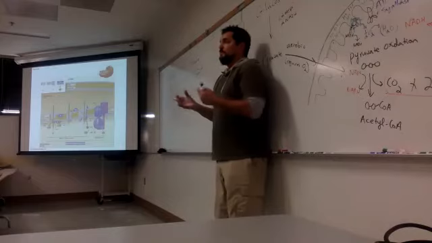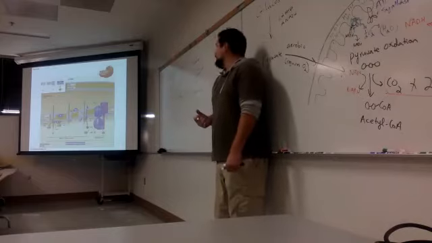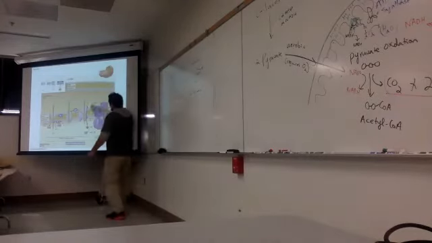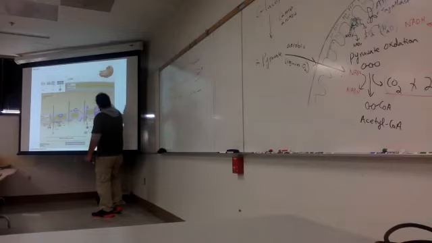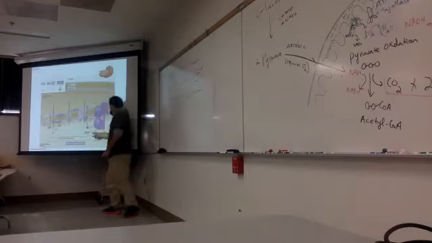So it opens and allows the protons to come back out. That's what you're looking at here. And during that process of allowing the protons to come back out, it harvests that potential energy. There's like a thing on it that's like a propeller.